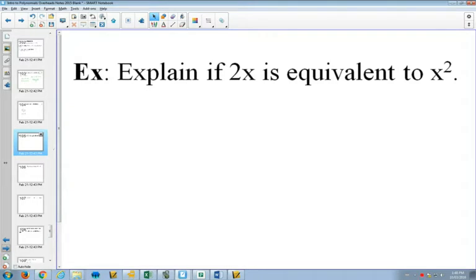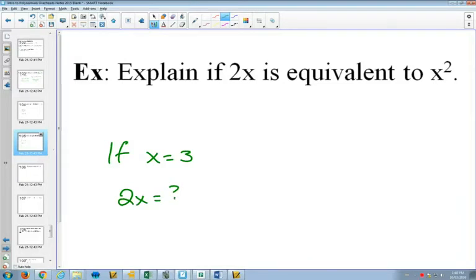If you don't know how to do that, to show that something isn't equivalent, you just have to find one value that makes it not work. So for example, if I choose 3, if x is 3, what does 2x equal?